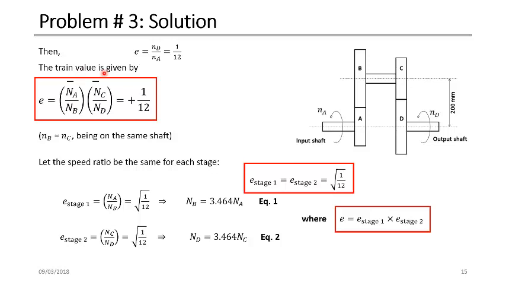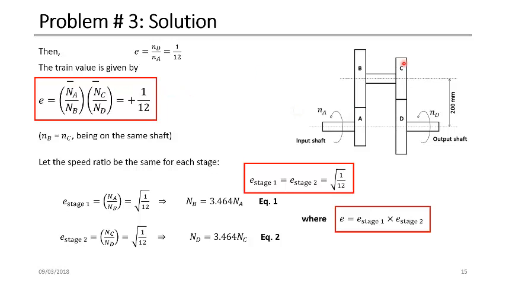So the train value is given as follows. We have two stages: the first stage between A and B, the second stage between C and D. We need to find for the first stage which gear is the driver and which is the driven. For the first stage, the driver is A, the driven is B, so we have NA divided by NB, and because this is external engagement, it has a negative sign.